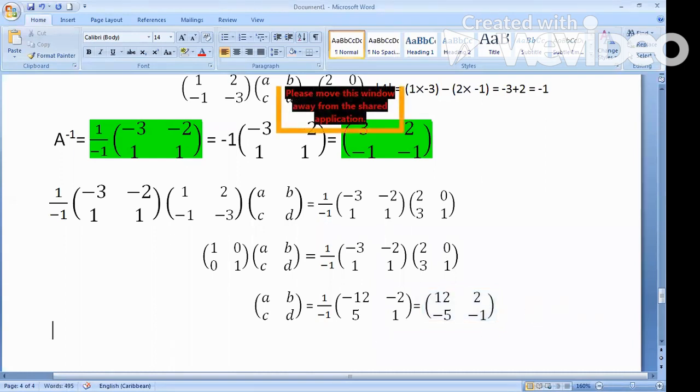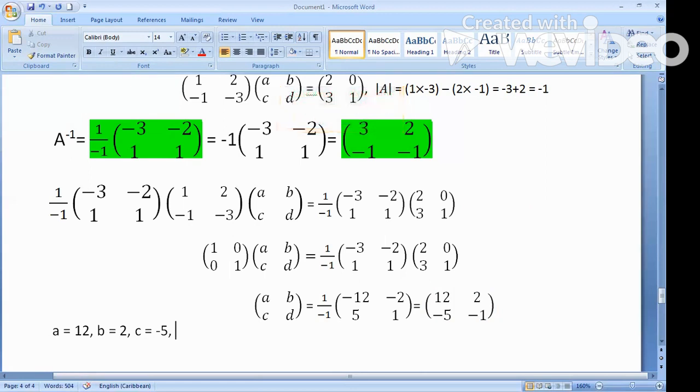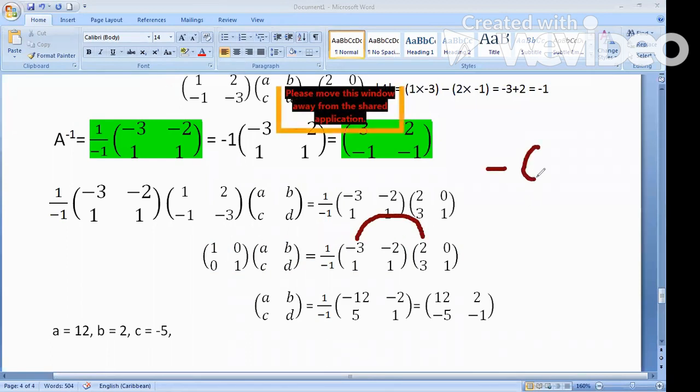All right, so A is actually what? 12. B is actually what? 2. C is actually what? -5. No, no. Remember, it's row by column, you know. It's -3 times 2, which is -6.